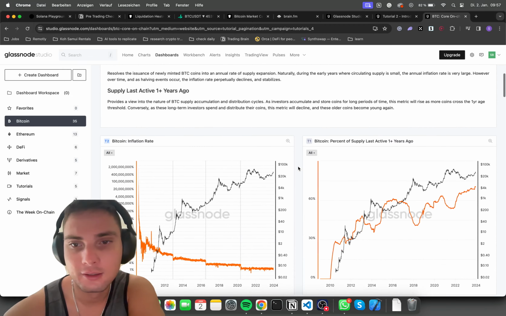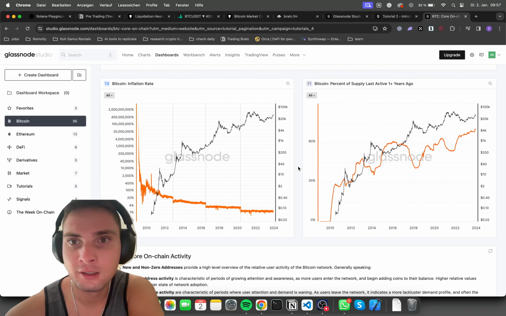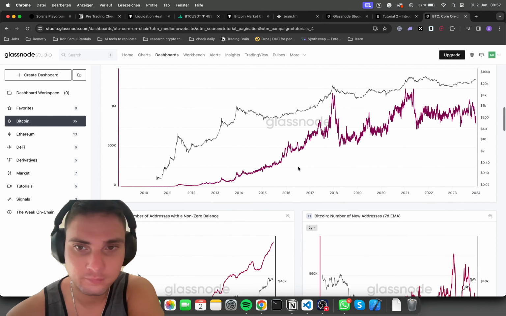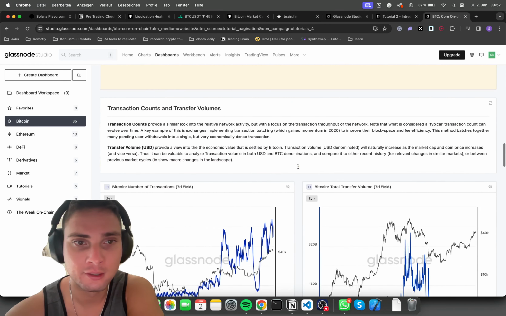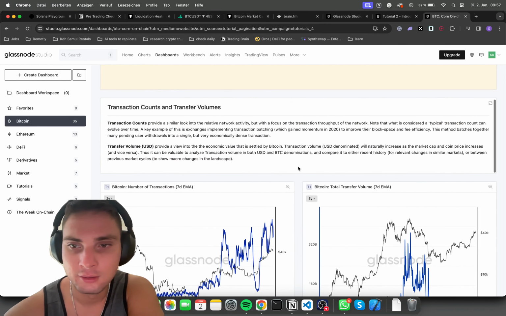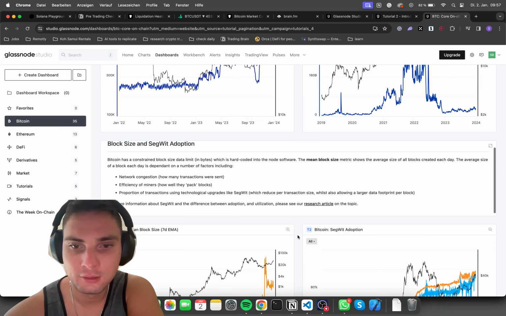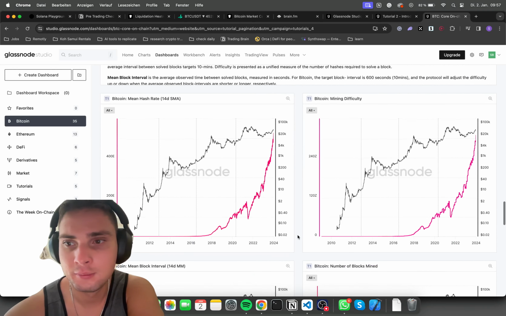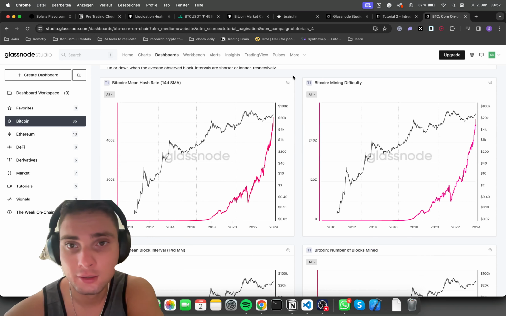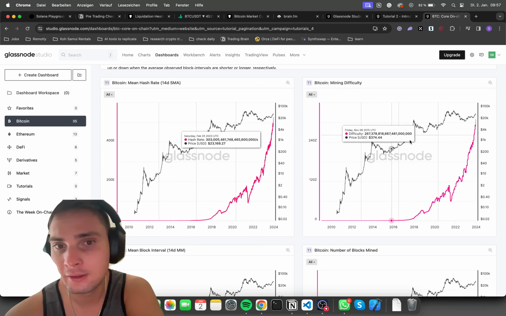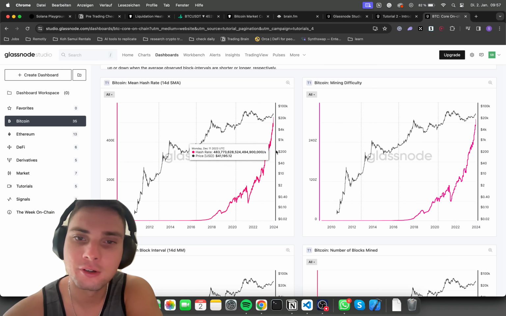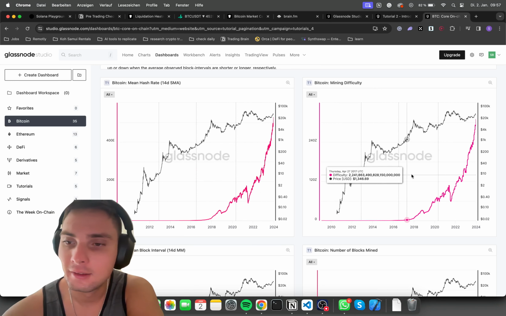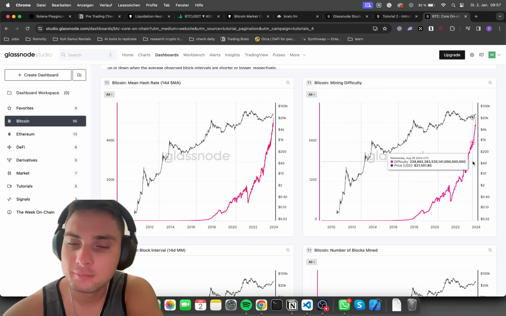Issuance, circulating supply. We've seen those already. That's just the same data again, right? Yeah, we've already seen that. SegWit, mean block size, hash rate, mining difficulty. So that's what I talked about earlier. If the mining difficulty gets up, the hash rate, of course. This is how hard it is to mine a block.